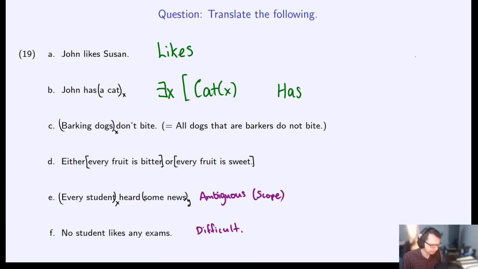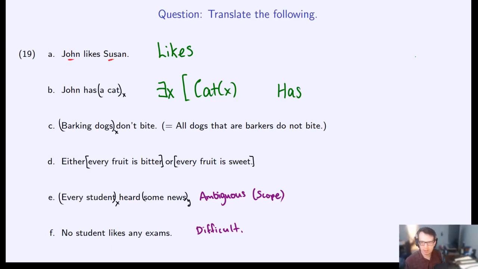So hopefully you've had a chance to attempt them, since the best way to practice is to attempt and then get immediate feedback. So, 19A, John likes Susan. The reason this is here is because often when you see all these different extractions of NPs, you tend to overcomplicate things. But John and Susan are proper names.